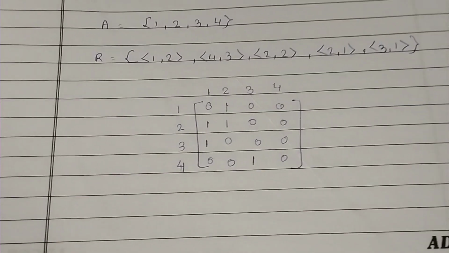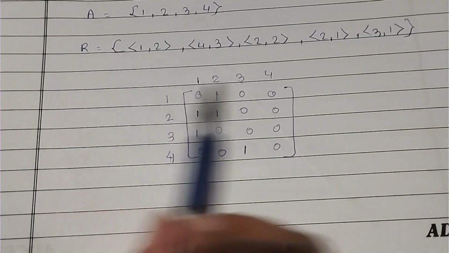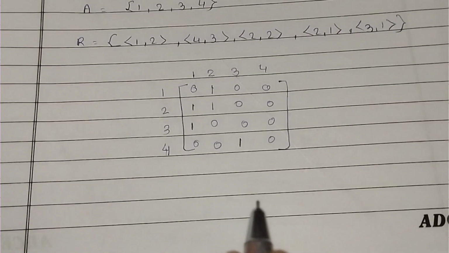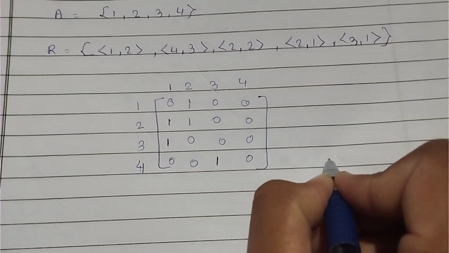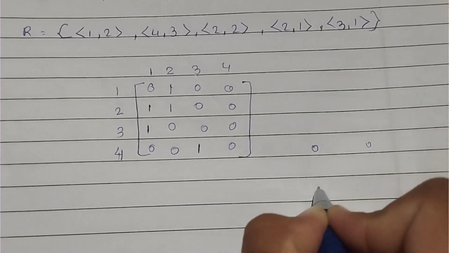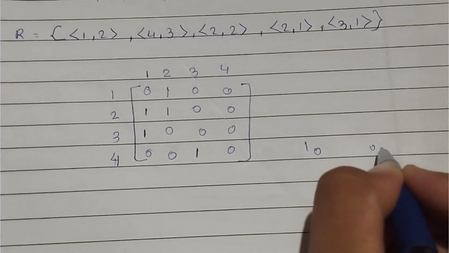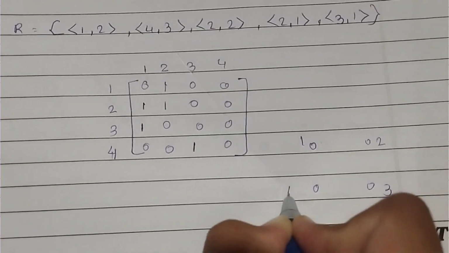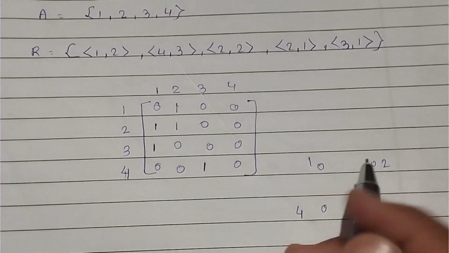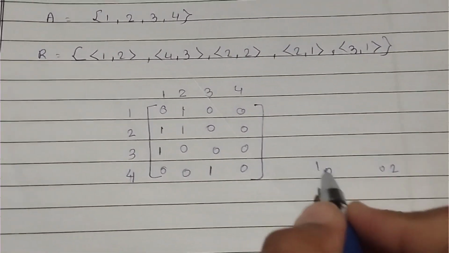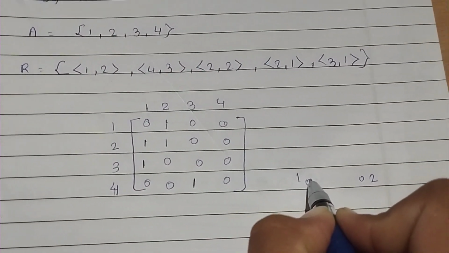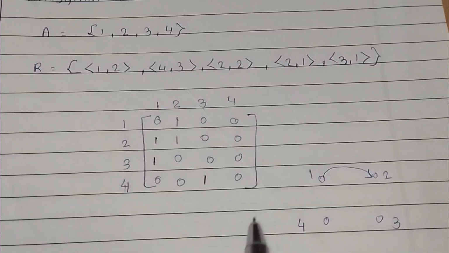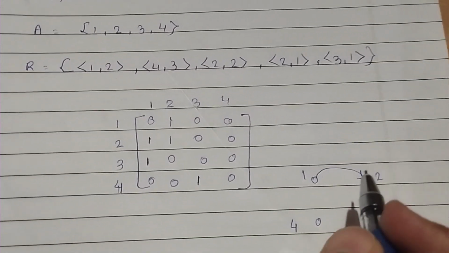And one more concept is drawing a graph for the given relation. That time, first, 4 elements are given, that's why we draw 4 nodes, 1 2 3 4. Then for 1 and 2, our node goes from 1 to 2, so represent 1 to 2.